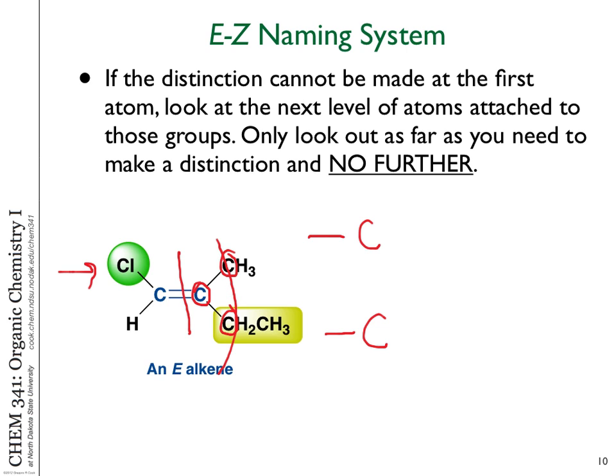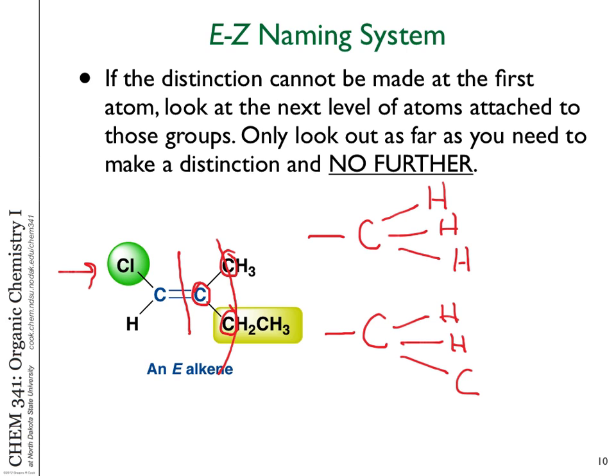We can't make a distinction, so we see what's then attached to that atom. On the top, we have three hydrogens: hydrogen, hydrogen, and hydrogen. That's the next layer out. And on the bottom, we have a hydrogen, and then another carbon. Now we can make a distinction.